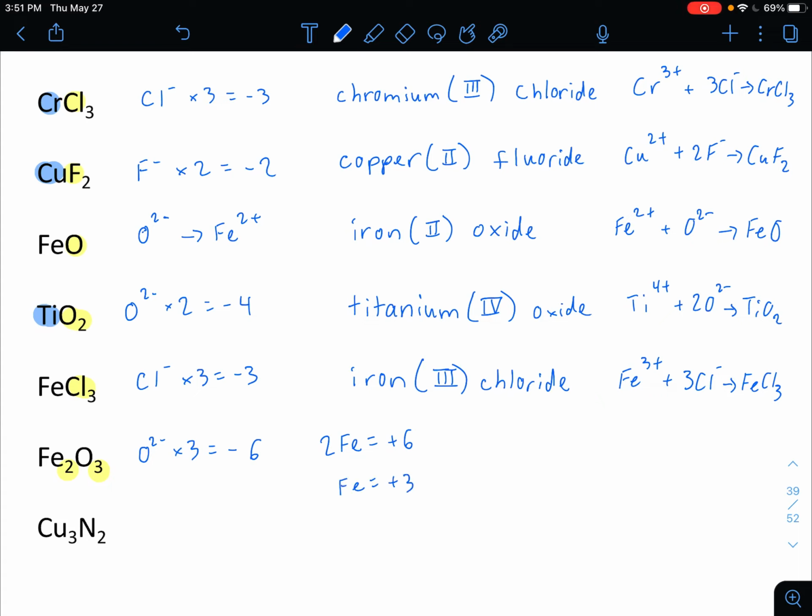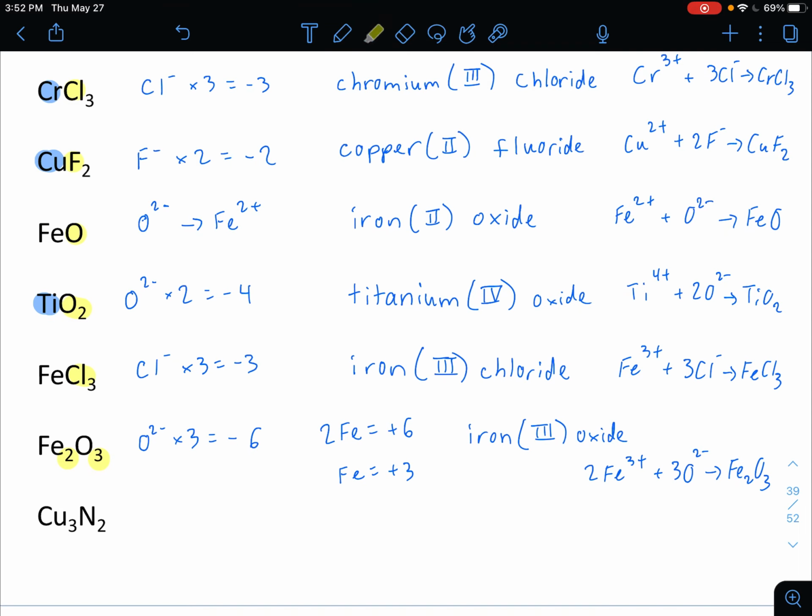So that means the iron needs to be +3. So this one is going to be iron, Roman numeral 3, oxide. So here it would be 2 Fe3 plus 3 oxygen 2 minus makes Fe2O3.